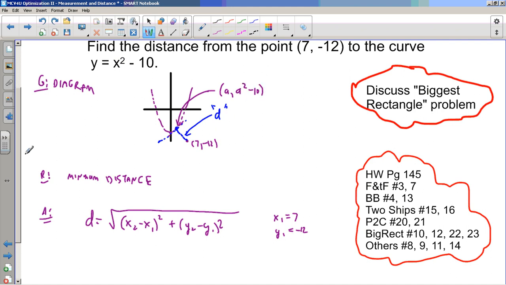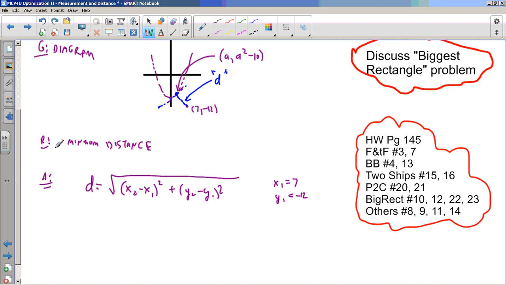We've pulled this trick before, haven't we? So then our X2 is A, and our Y2 is A squared minus 10. And then now, in my analysis brainstorming stage, it's not so bad, is it? I'm going to do something crazy in just a second.